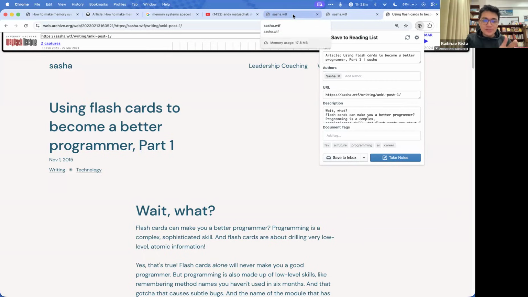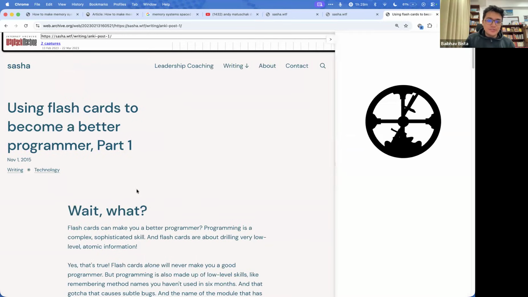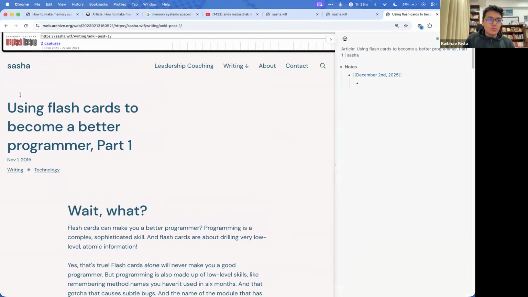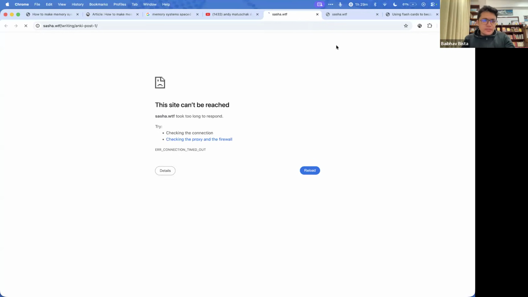So at some point, if the old one starts working, when you go to the old one, you can see your highlights there. And of course, you can annotate stuff while you're in archive.org as well. There's no easy way for me to show it here, especially because this page did not load, so I don't know if this will show that I have highlights. Probably not, because the page did not load.